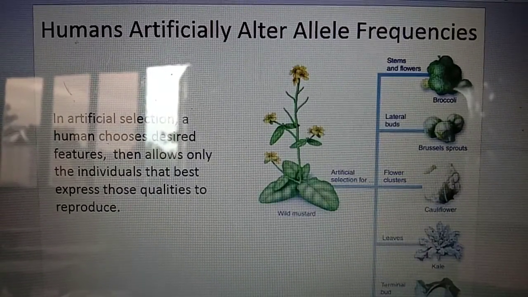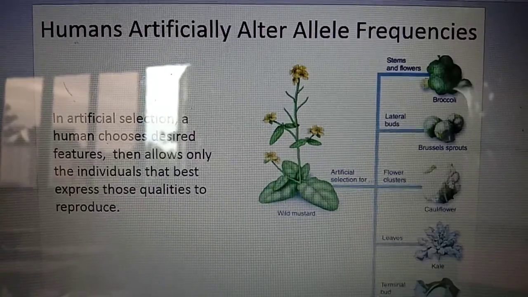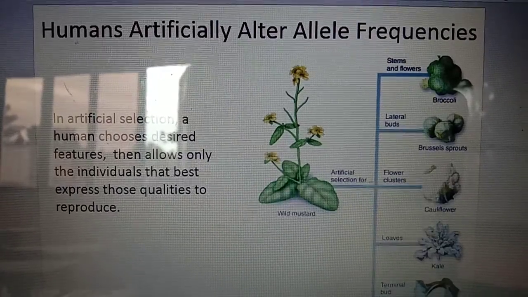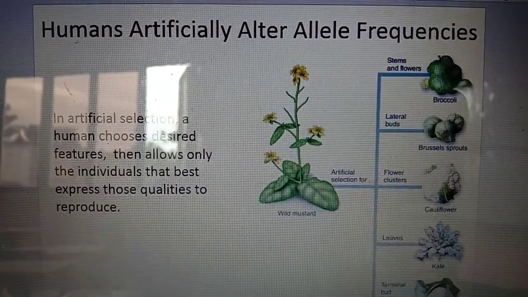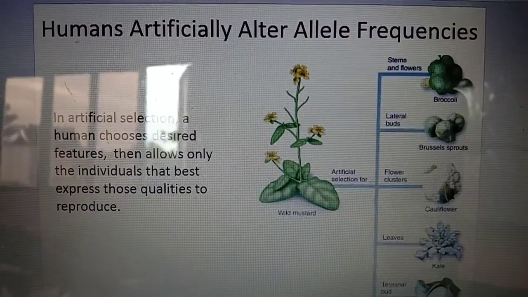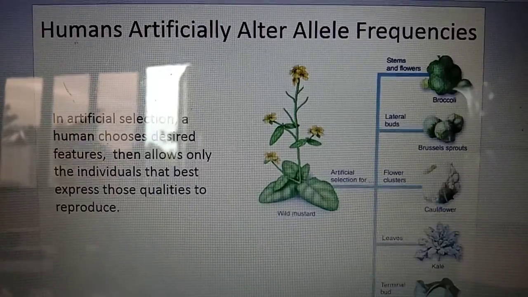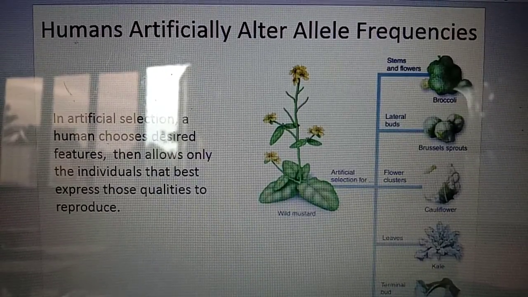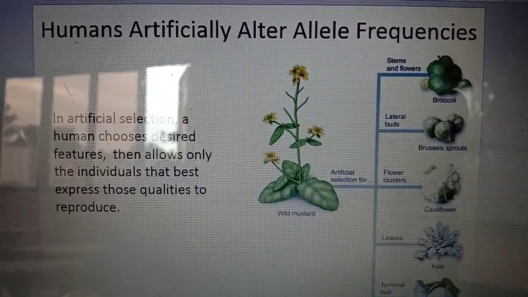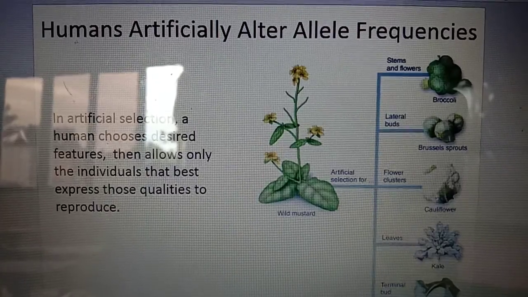In artificial selection, a human chooses desired features, then allows only the individuals that best express those qualities to reproduce. It is somewhat similar to DNA technology, because the scientists have to choose the sequence of DNA, the sequence of interest, to be reproduced.